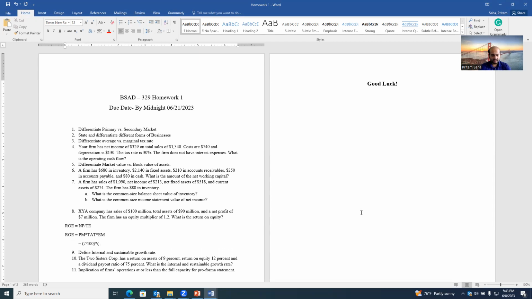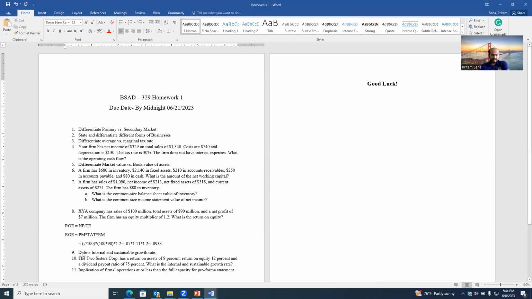Total asset turnover is 100 million divided by 90 million. Equity multiplier is given, 1.2. So 0.07 times 1.11 times 1.2 gives 0.0933, or 9.3%.